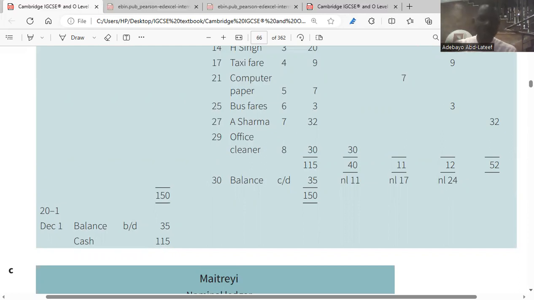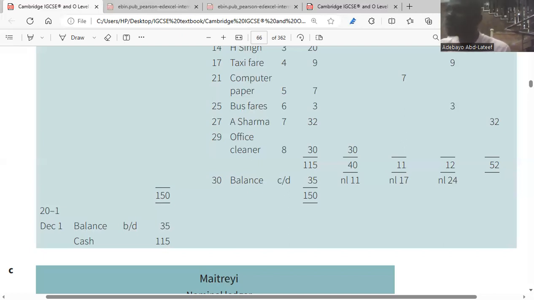So December 1, this is November. By December 1, our balance brought down will be what? 35. Do you get it or not? Yes, yes. November ended with $35.